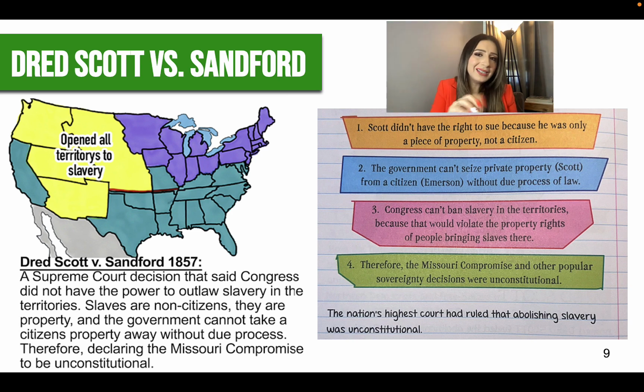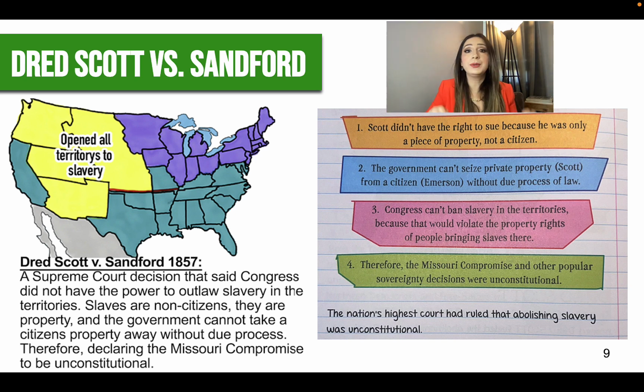And because slaves are property, so it keeps going, all right? So listen to this. Because slaves are property, can the government make laws to take your property away without a reason, without due process? No. The only reason why government can take away your property is if you don't pay your taxes or you break the law somehow.